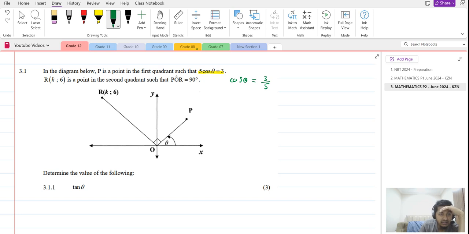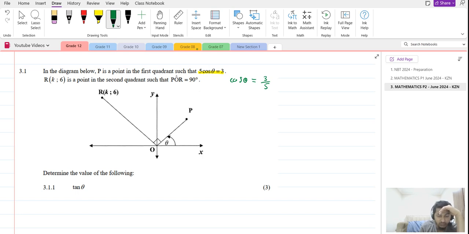Right, and R is K and 6. This theta here, in the diagram below, P is a point in the first quadrant such that 5 cos theta equals 3, and R is 6 and K is a point in the second quadrant such that POR is 90. So remember, OP is perpendicular to OR, that is 90.